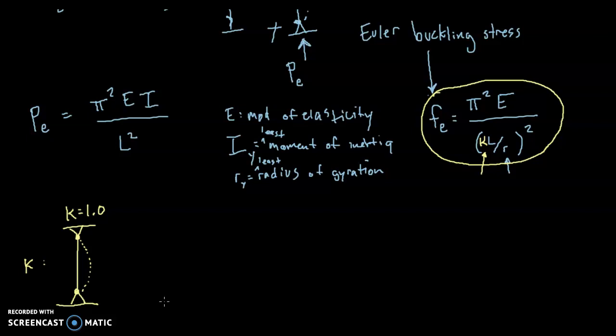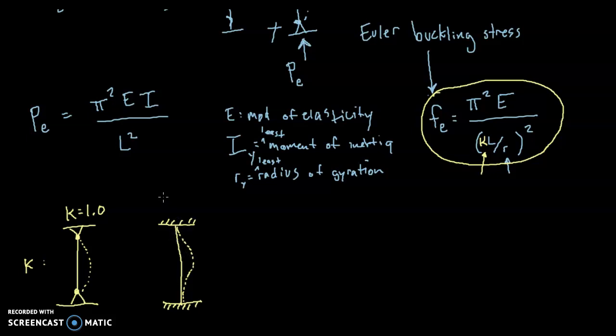If we have a fixed column, so if we have a column that is buried in concrete or is braced in some way to prevent rotation from occurring, then when it buckles, it's going to be a compound curve, like a recurve bow, I think. I'm not really into archery, but I think that's called a recurve bow. That type of curve that curves out, and then it curves back the other way, and then it curves in the other direction again a third time.